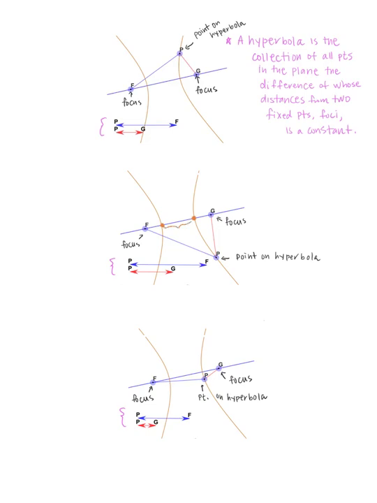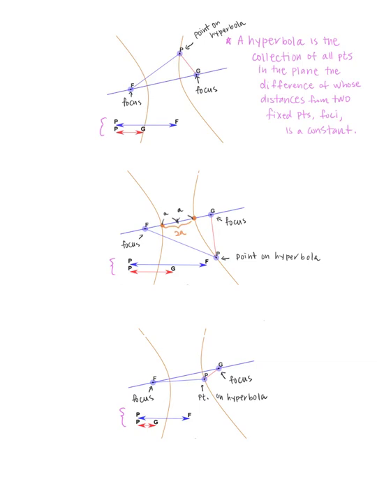Now, if I chop this off at the center, the distance from the center to one of the vertices is a. The center to the other vertex is also a. So what's the total length? The total length is 2a.